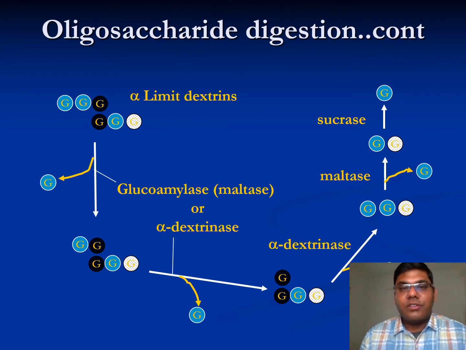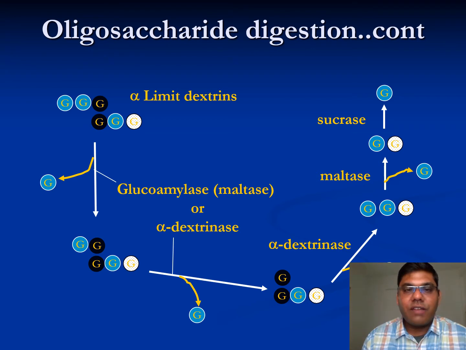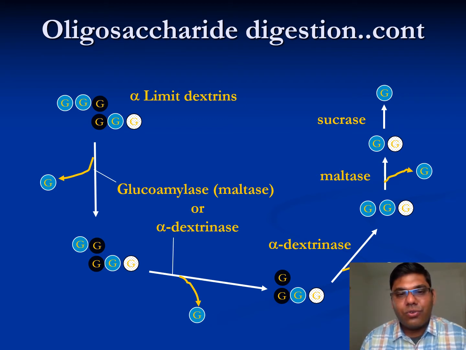Further, in oligosaccharide digestion, the limit dextrins, which have a branched chain, are further acted upon by the glucoamylase or the maltase, and they remove the terminal glucose and shorten the chain by one glucose.